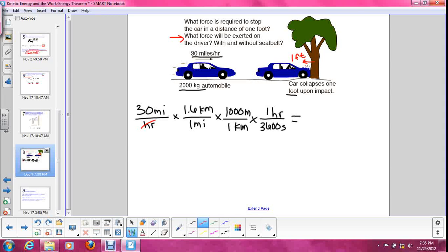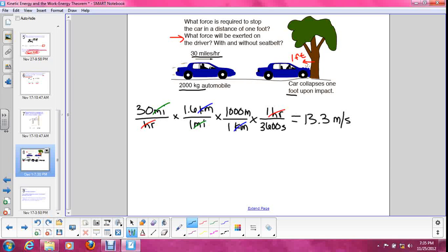So if we do some canceling here, when we do the math out, we find that 30 miles per hour is 13.3 meters per second. So we've got that in meters per second. That's good.